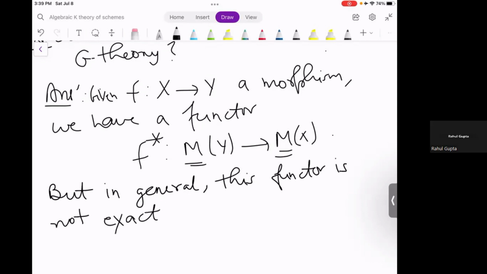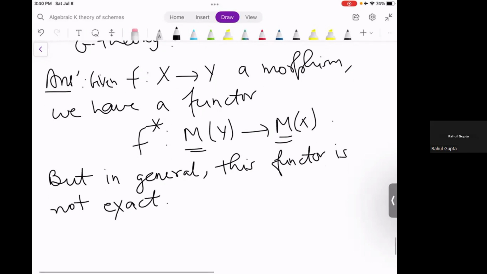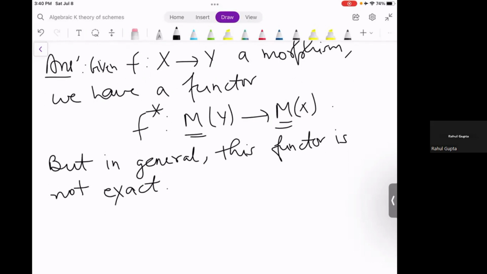See, all this Quillen construction was using exact sequences very heavily, right? So unless exactness is preserved by a functor between exact categories, you can't expect the Quillen construction to go through. In particular, you won't get anything between K groups. Yeah? Okay?